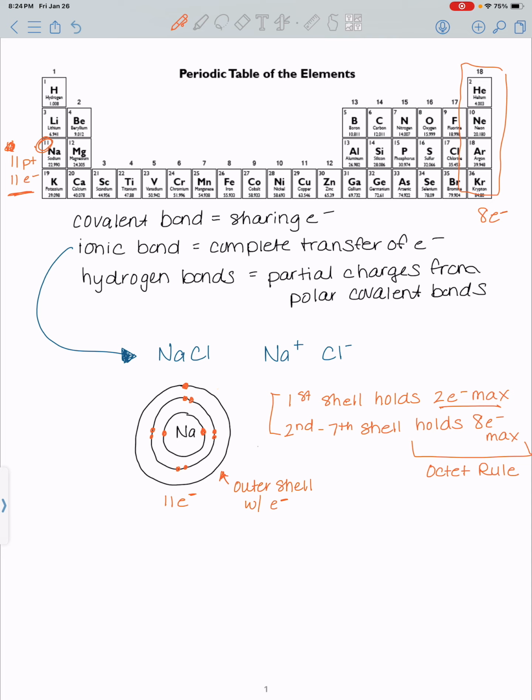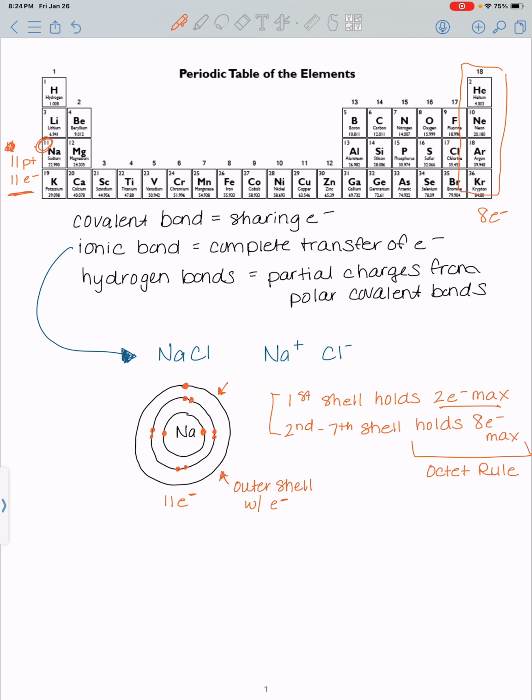Even if I drew another ring around here, it would not be the valence shell because it's not holding any electrons. So in order to be a stable atom, you want to have 8 electrons in your valence shell. This is our valence shell.